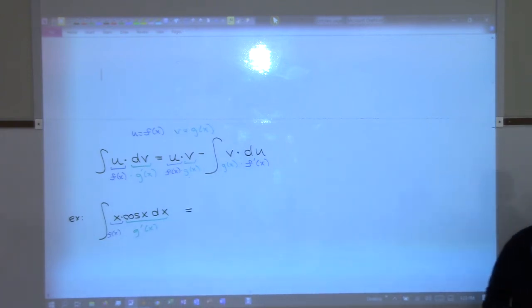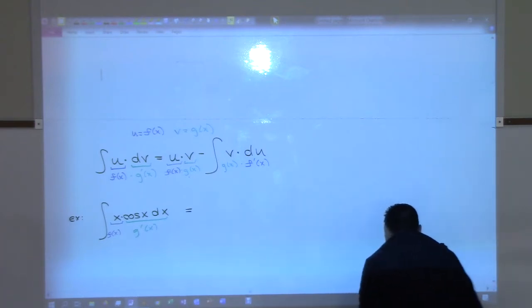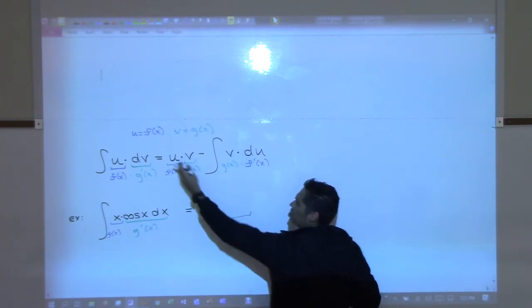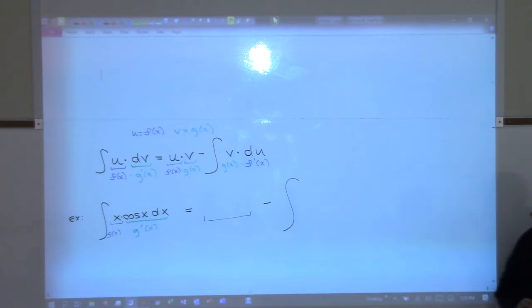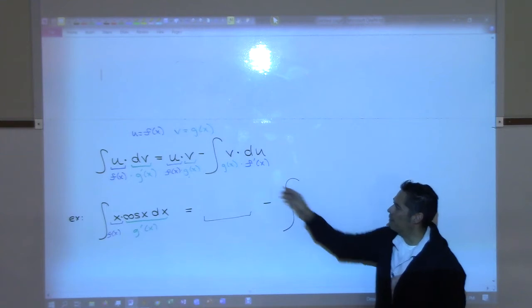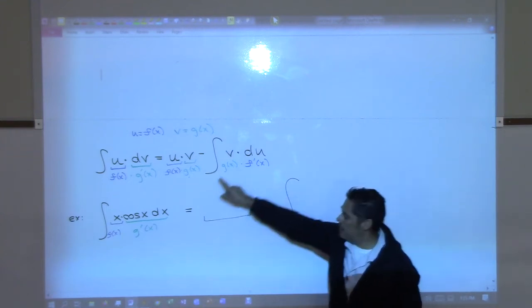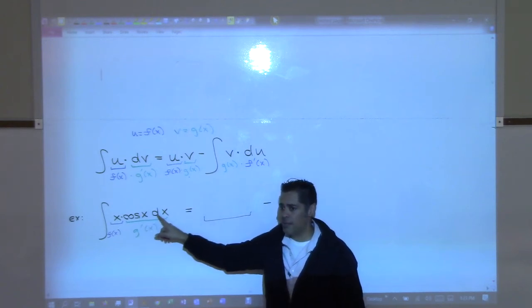Now, if we do that, let's think about what the new integral would look like. This is my u v, but let's just consider the new integral, because this is the most important part of the whole technique. In this new integral, what would appear in here? G, which would be the antiderivative of cosine x dx, which is sine.